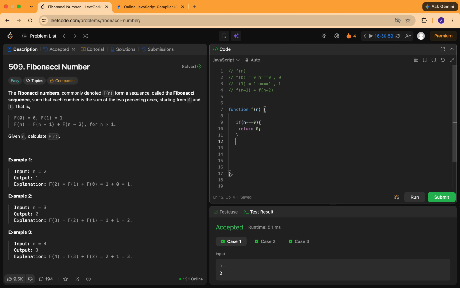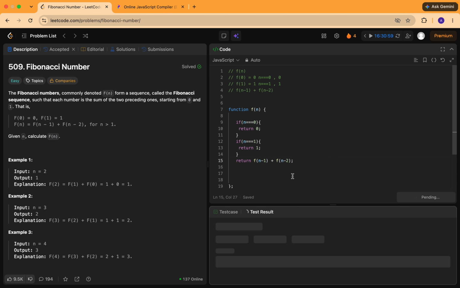Second, if n equals 1, at that point return 1. And at the end, we return F(n minus 1) plus F(n minus 2). This way.